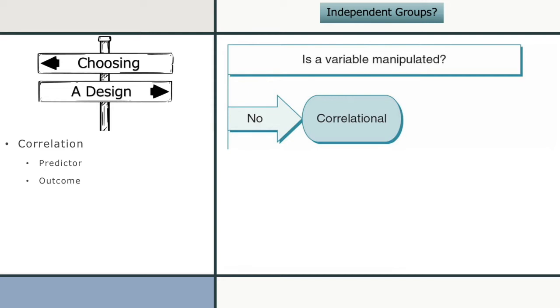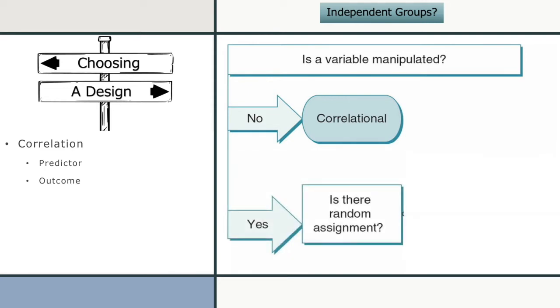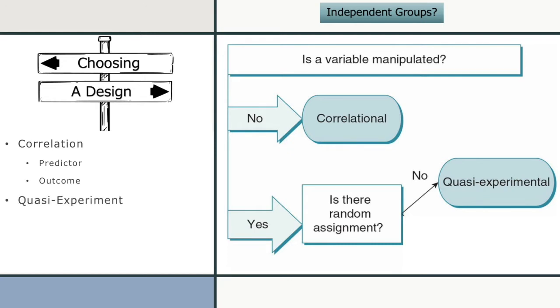So what's the next step on this path? If there is a variable manipulated, is there random assignment? Are we able to randomly assign to condition of that manipulated variable? If not, we have what we call a quasi-experimental design. We've talked about that. A quasi-experimental design looks a lot like an experiment, except that we have a variable that we cannot randomly assign our participants to. It's often some sort of participant characteristic.